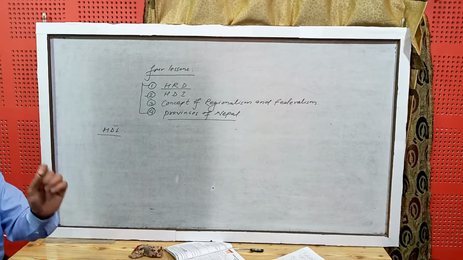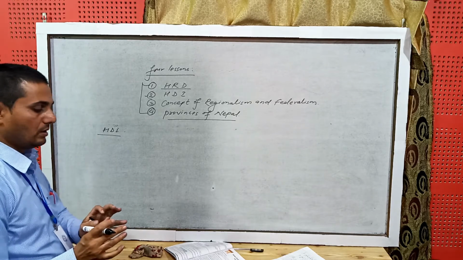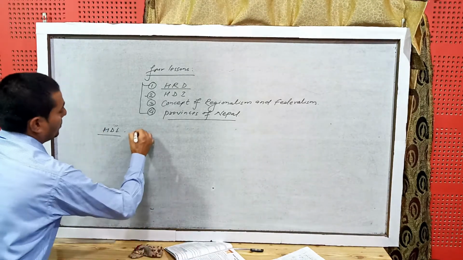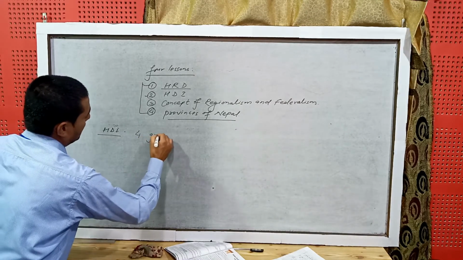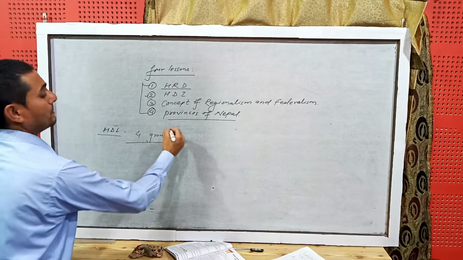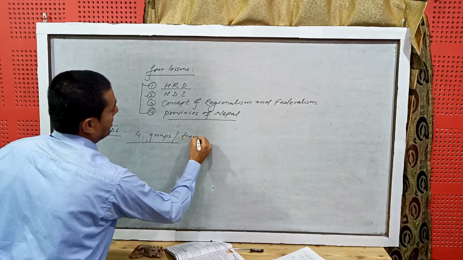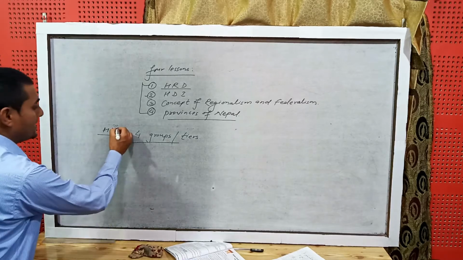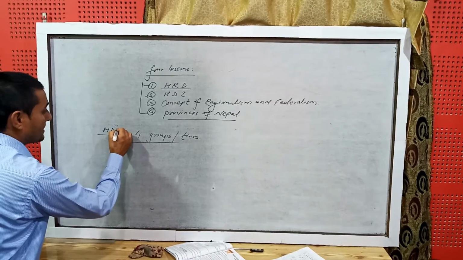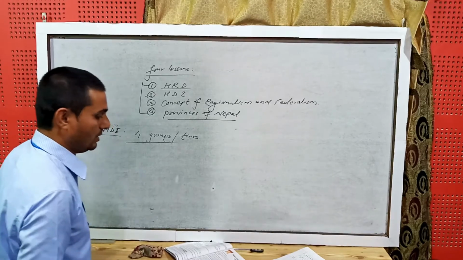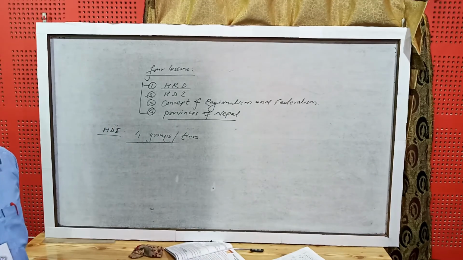HDI is simply categorized or divided into four groups. Groups means types, nature. HDI is divided into four groups or four tiers. This is the global classification. This is the global division.